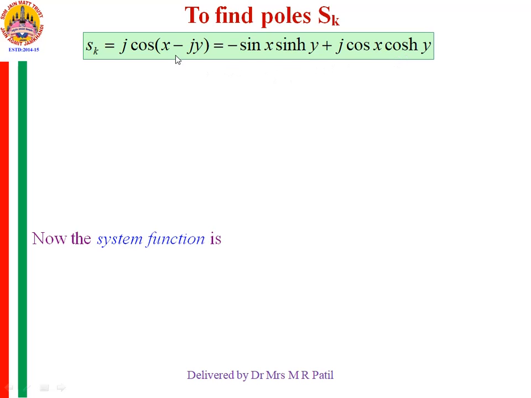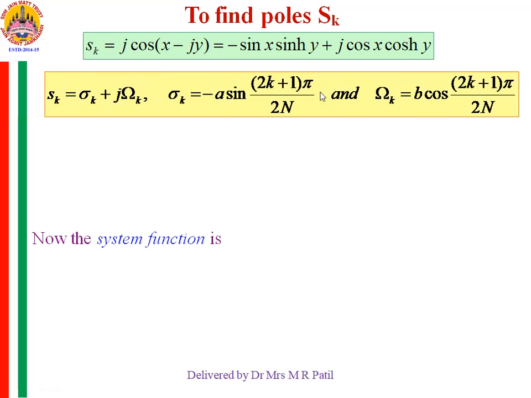So you substitute the value of x and y in this and you will obtain the pole locations sk. Now this sk, which is j cos of x minus jy, we expand using the cos a minus b rule and then multiply with j. So here you get minus sin x sine hyperbolic y plus j into cos x cos hyperbolic y.